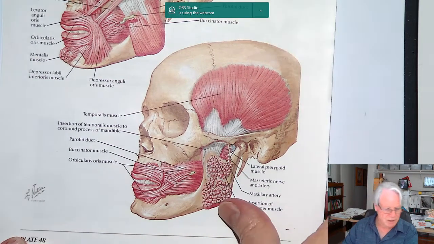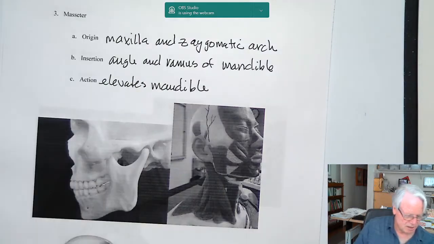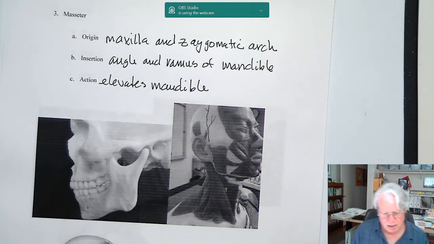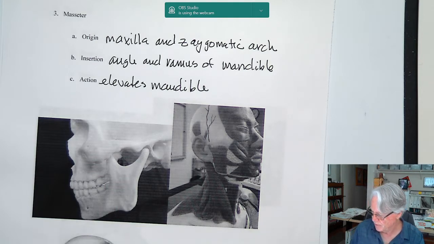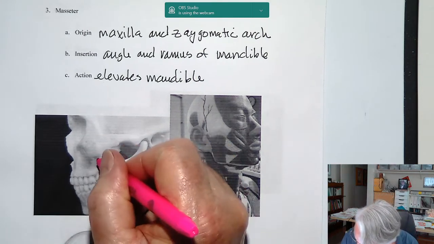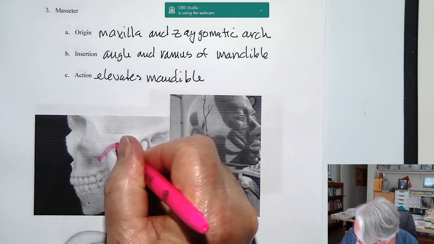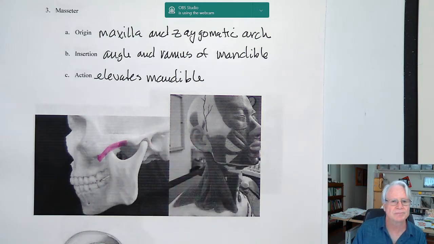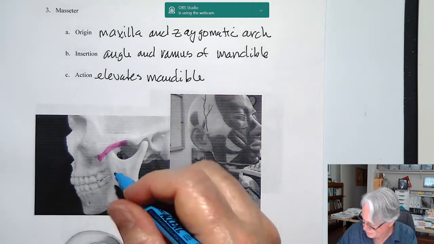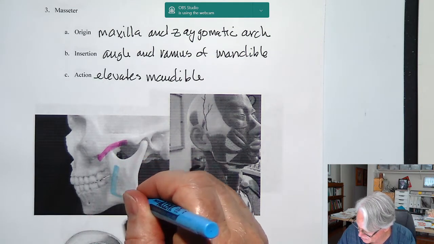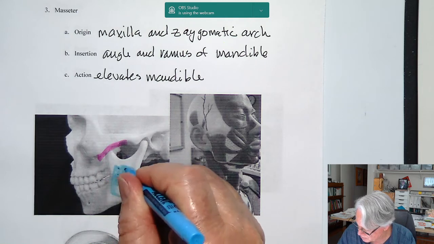Okay, so let's go ahead and highlight that. We'll need red for origin, and we're going to do this. So there's my origin. And then my insertion is going to be there.